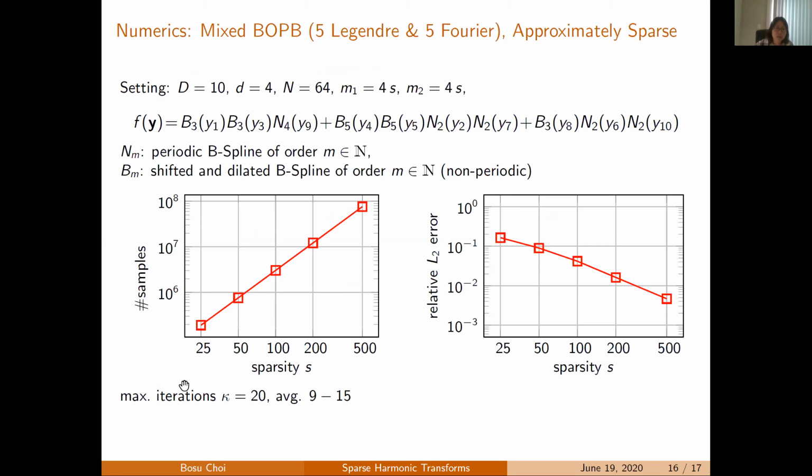Then as we increase the sparsity, that means we are adding more expansion terms to approximate F, and you can see the relative L2 error is decreasing pretty decently, even though F is not exactly sparse in this basis. So this numerical test demonstrates that our algorithm behaves better than what we have proved in the main theorem.